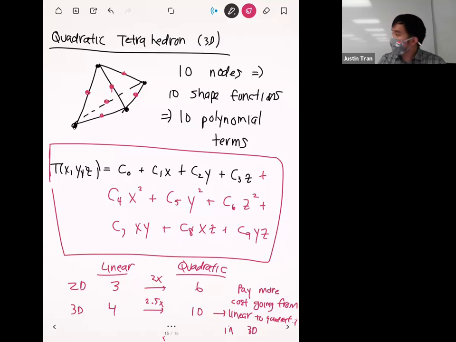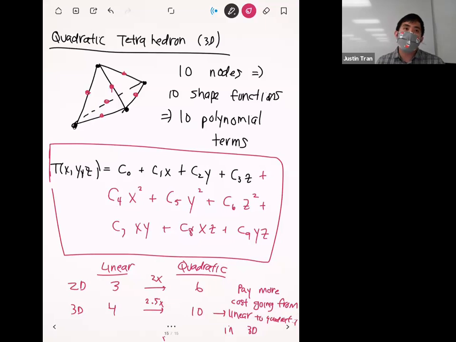Okay, any questions on this? Question: if you were to make a cubic tetrahedron, would you just add additional nodes in between each of those quadratic nodes? That's a good question. You would start to actually add nodes in the interior of the element as well. Those interior nodes are unique because they are not shared between different elements; they are just within that element itself.